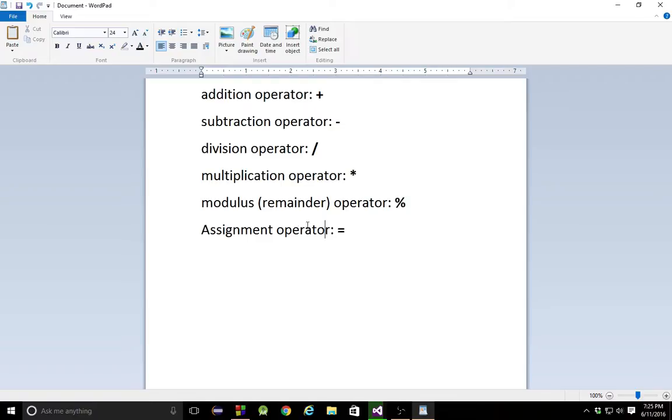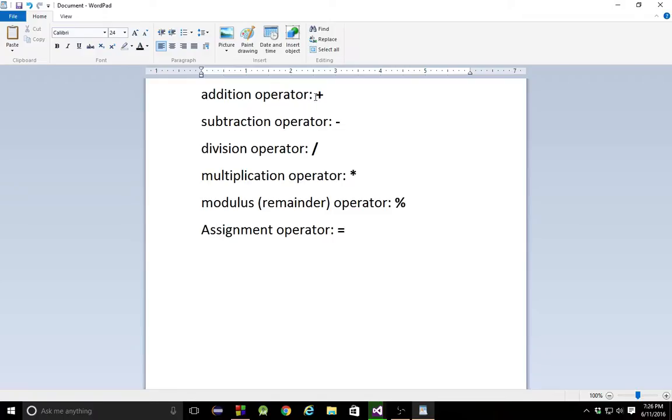Okay, so the last one, assignment operator, don't get it confused with something I'll teach you about in the future. Two equal signs together is actually an equality operator, and I will talk about tests for equality later in a separate video. But these are the operators that we use today. They're not the only operators available in C++, but these are the main ones.